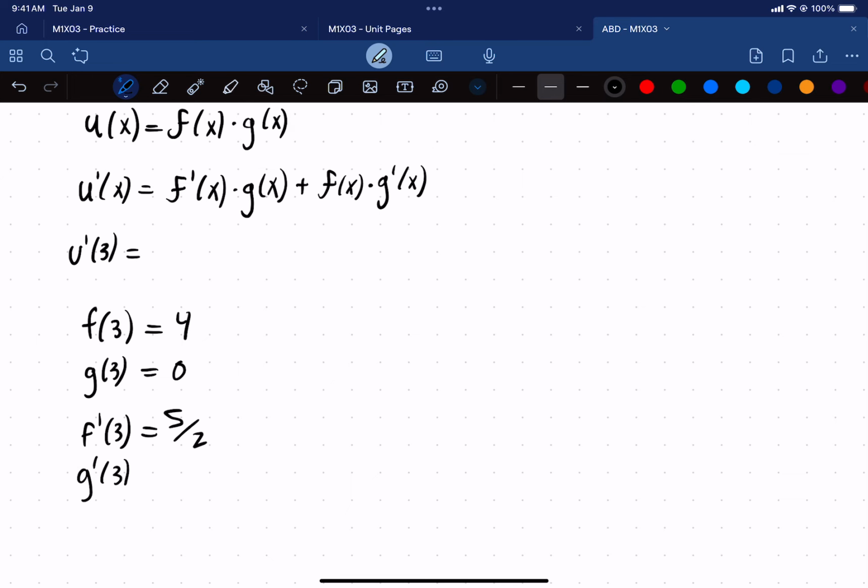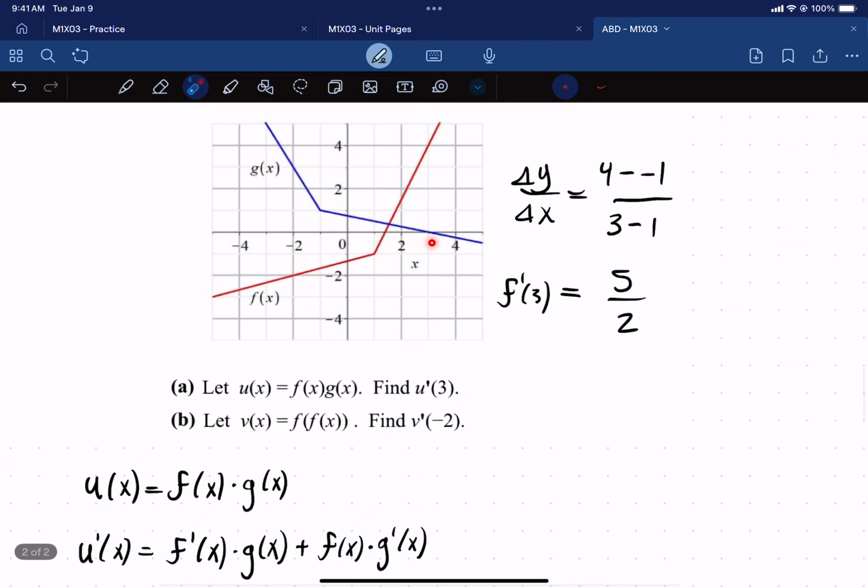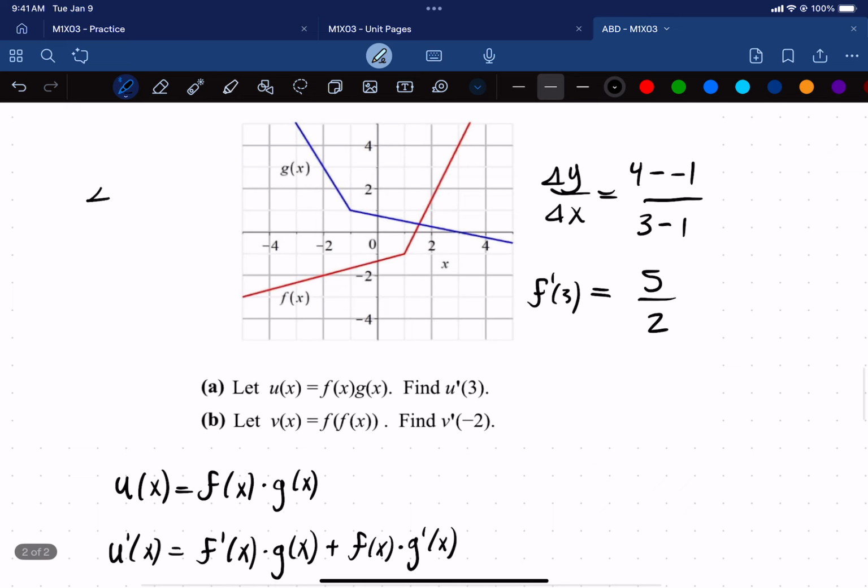So the same thing can be done for g prime of 3. Over here, we can see that it's a downward slope. We can take the rise over the run. So let's choose this point and this point because they're on the line.